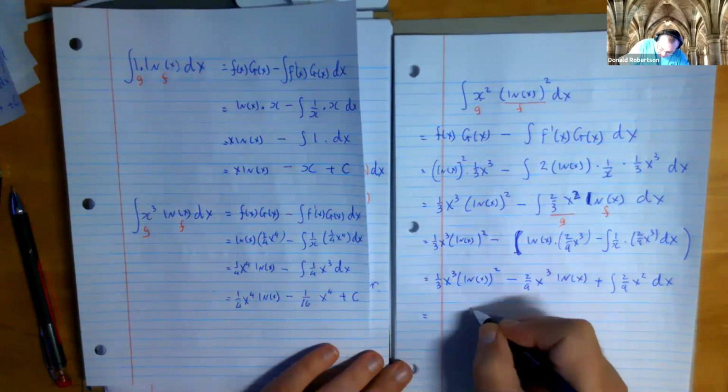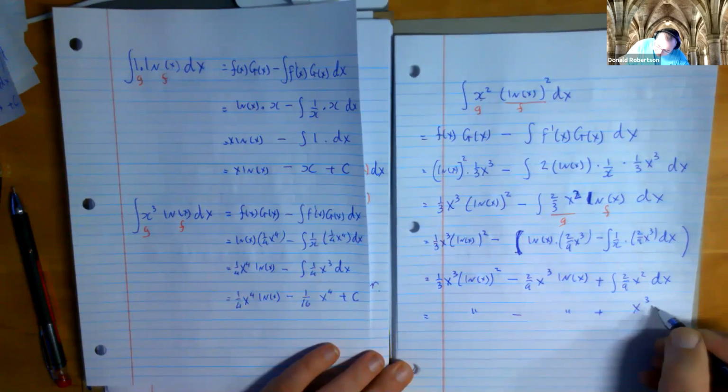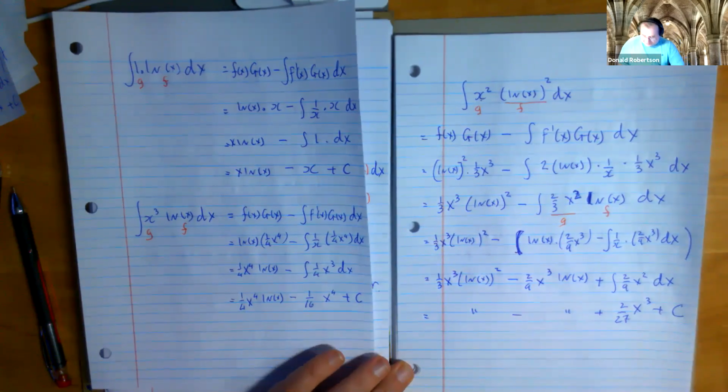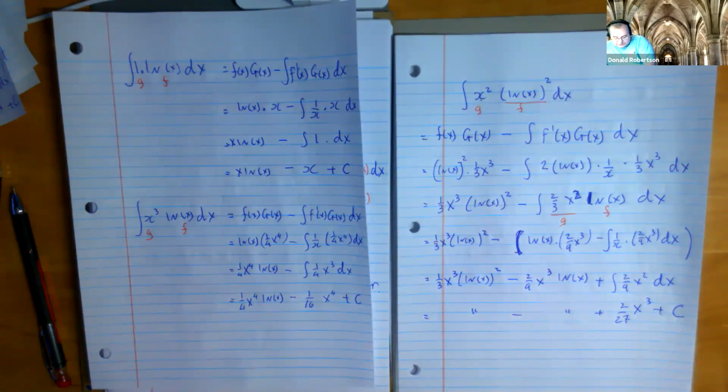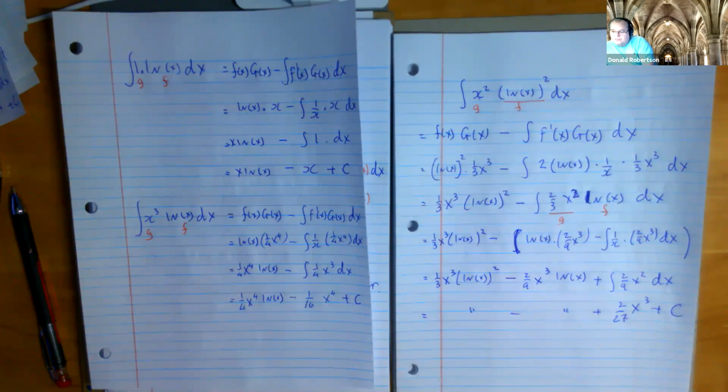And then you get this guy, take away that guy, plus add 1 to the power, divide by the new power, plus c. That is one ugly looking answer, isn't it? But at least we can get the antiderivative, which is what we're looking for.